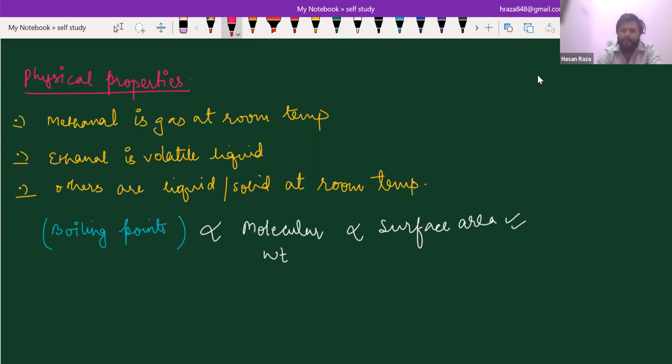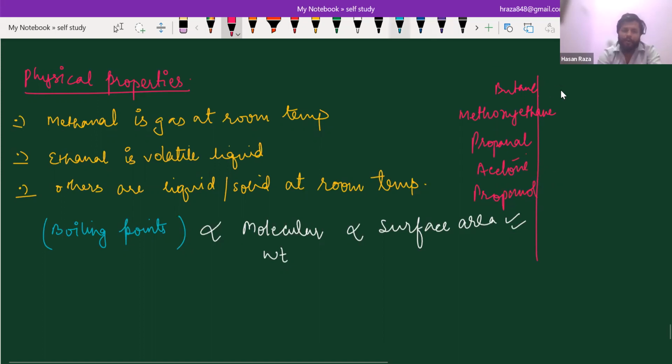There is a paragraph in NCERT that is given. This is your butane, methoxyethane, propanal, acetone, and propanol, that means alcohol.